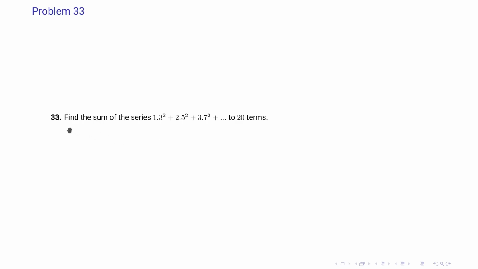Problem 33 says: find the sum of the series 1.3 square plus 2.5 square plus 3.7 square up to 20 terms. You can see that in this case, the nth term of the first series is n, and for the second it would be 2n plus 1.